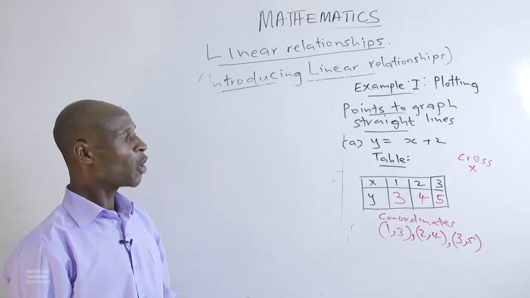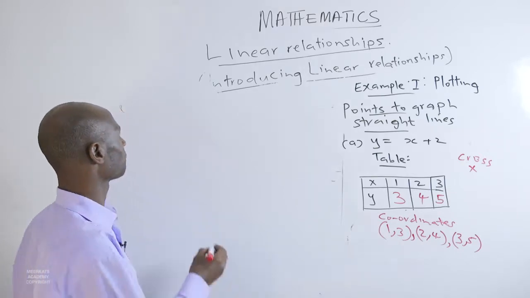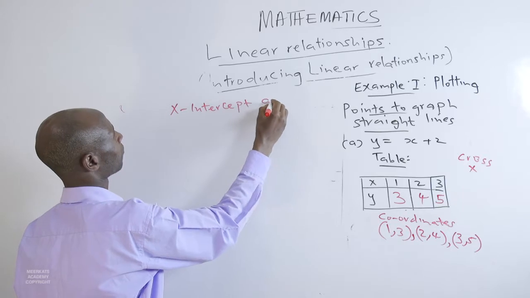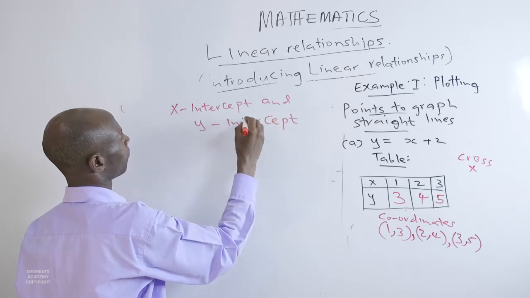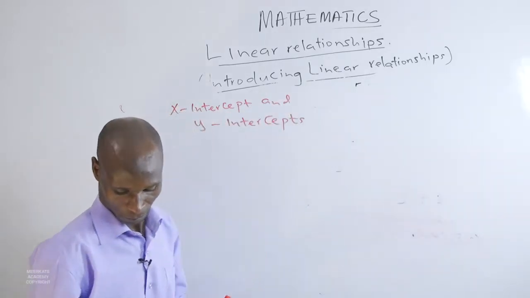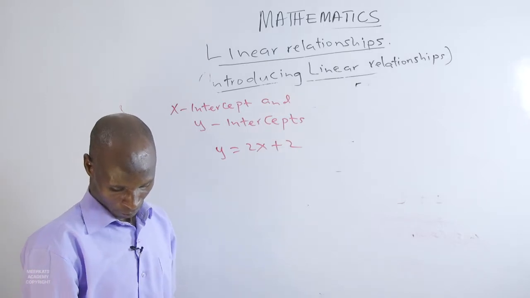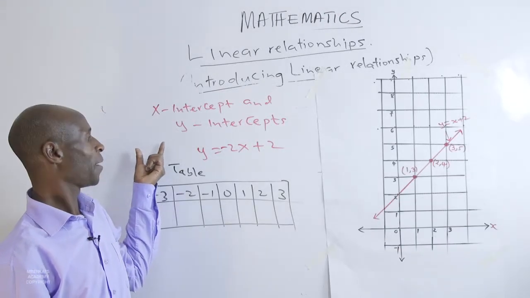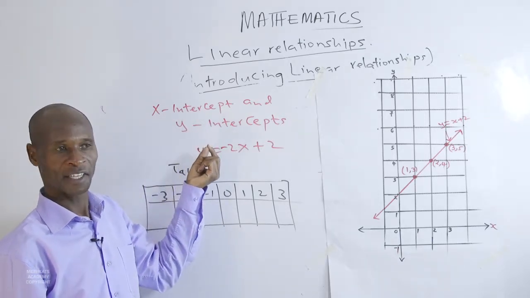In our case, we are going to use part B to understand how to read X-intercept and Y-intercept.